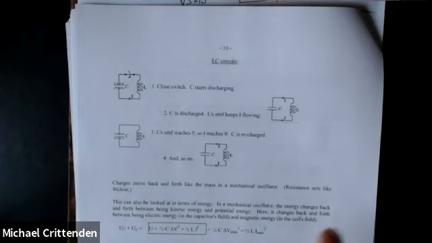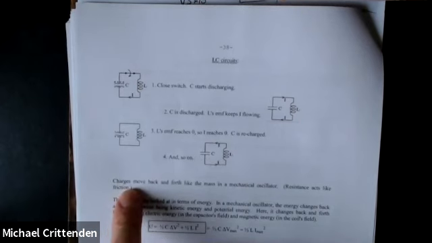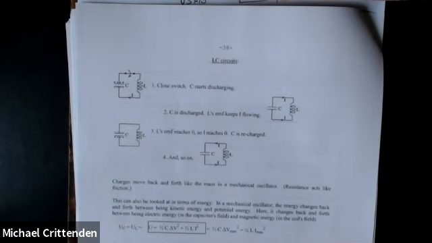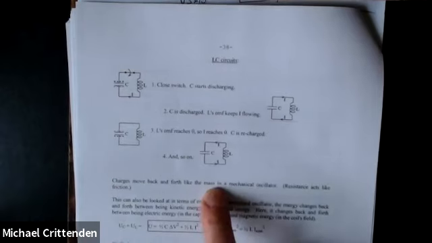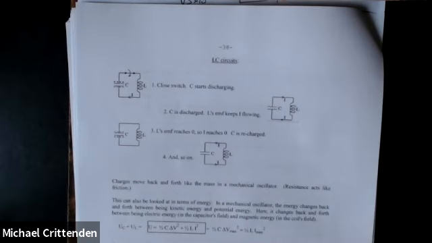So that's the qualitative picture. The charges move back and forth, kind of like in physics 131, I talked about a mass bouncing up and down on the end of a spring, a harmonic oscillator. An oscillator that vibrates forever would be simple harmonic motion.